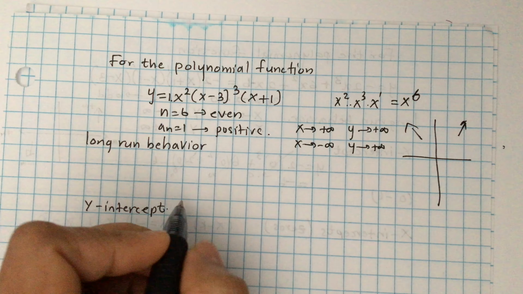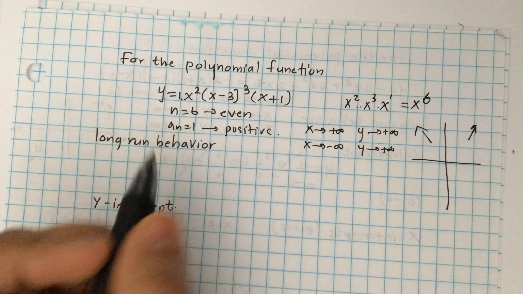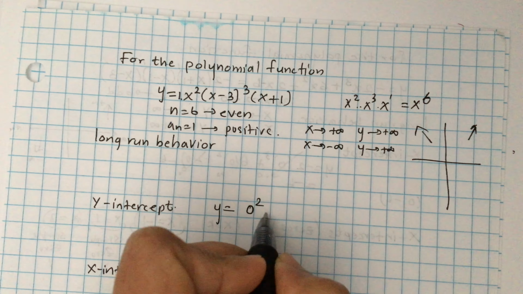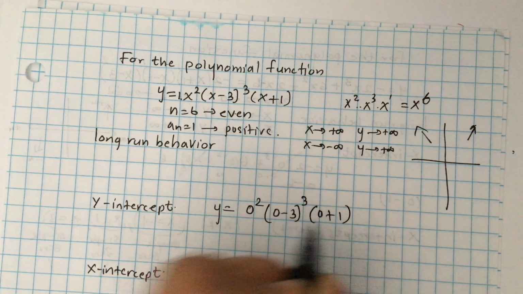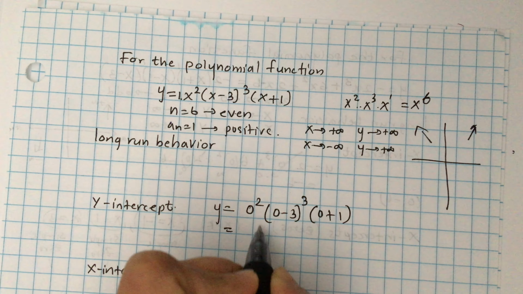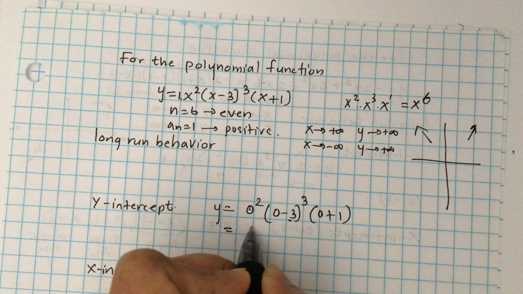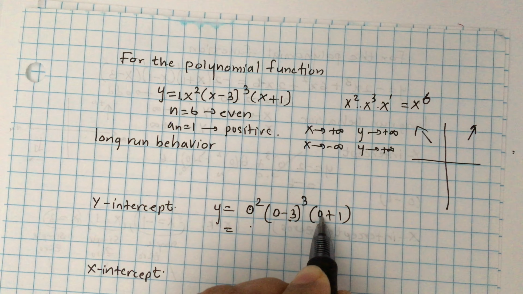And let's look at the y-intercept. Substitute x equals 0 and find the y. You substitute 0 into the polynomial. 0 minus 3, 0 plus 1. So this is 0, this is 27, and this is 1, right?